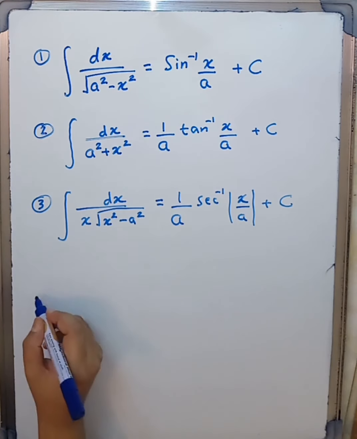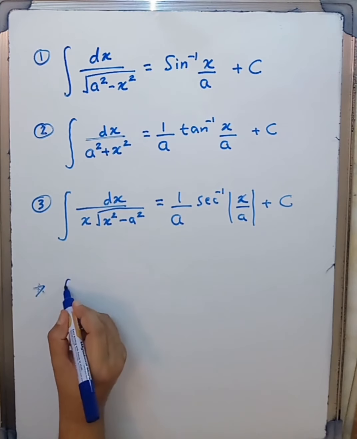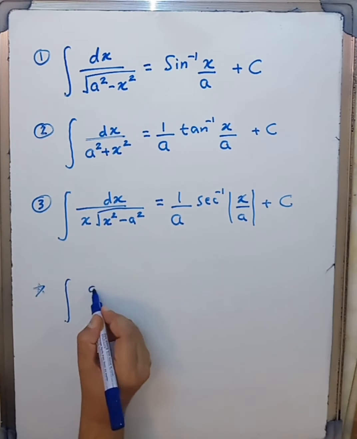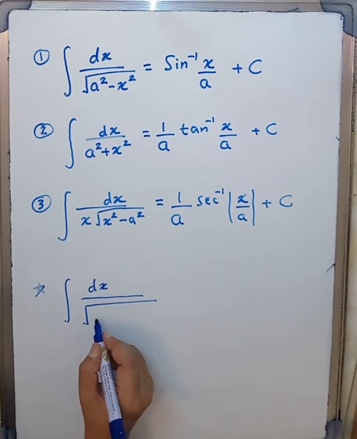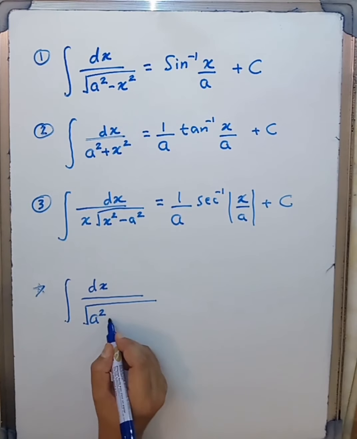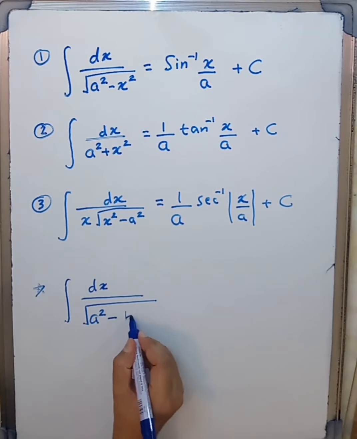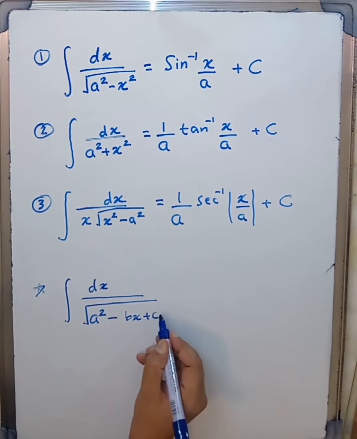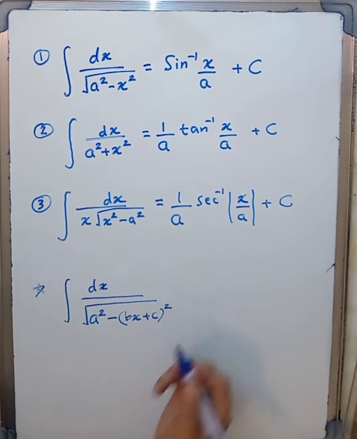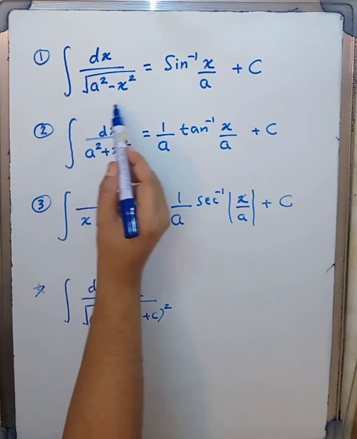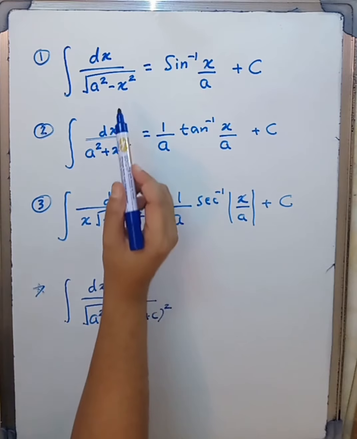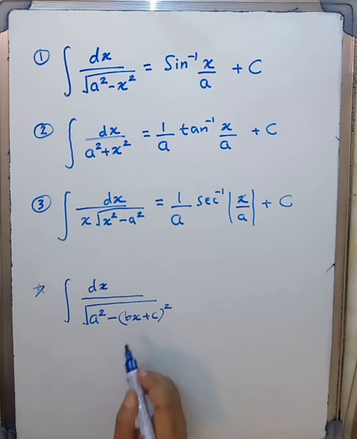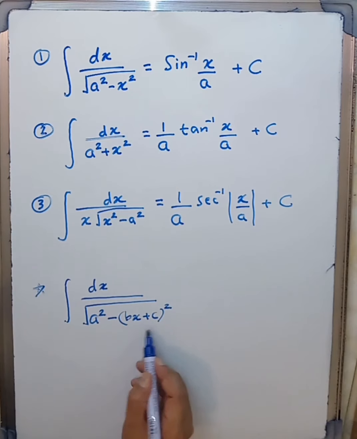Suppose we have integration dx over square root of a square minus bx plus c whole square. So what I have done in formula number 1, I have replaced x by a general linear factor bx plus c.